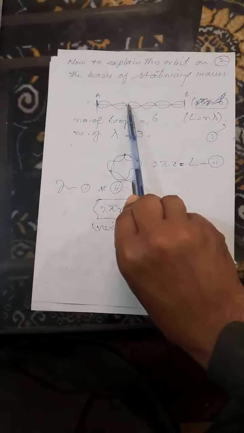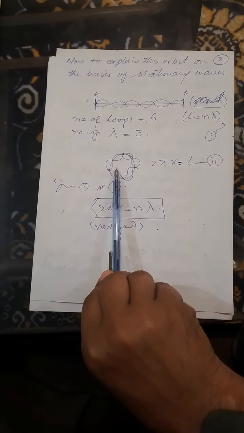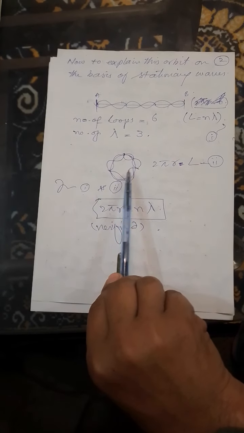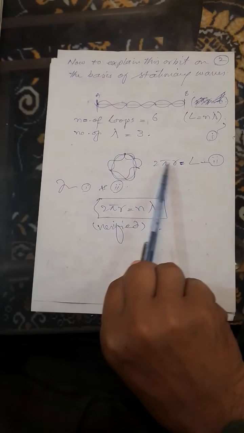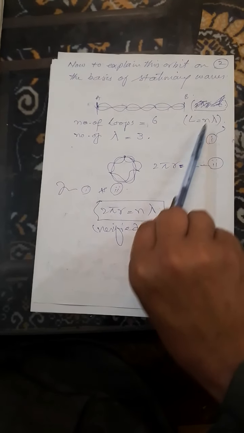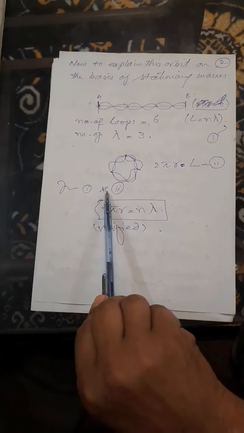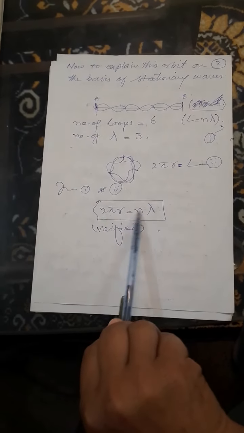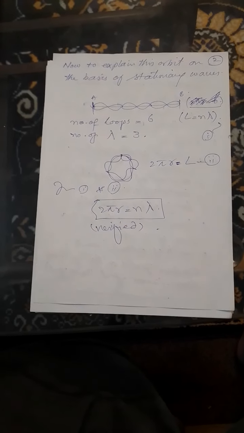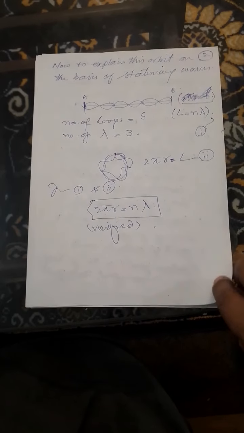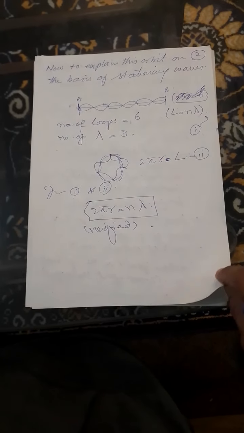Here we have L is equal to nλ, and for this orbit from this diagram we have the same length equal to 2πr, which is the circumference of the orbit. So from equations 1 and 2, we have 2πr is equal to nλ, which is verified by de Broglie's concept of the wave nature of the electron revolving in an orbit.